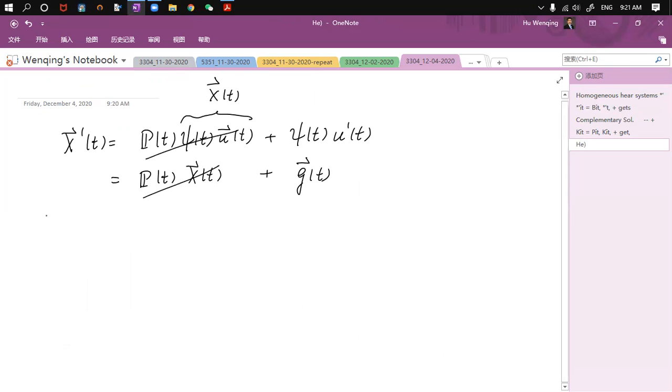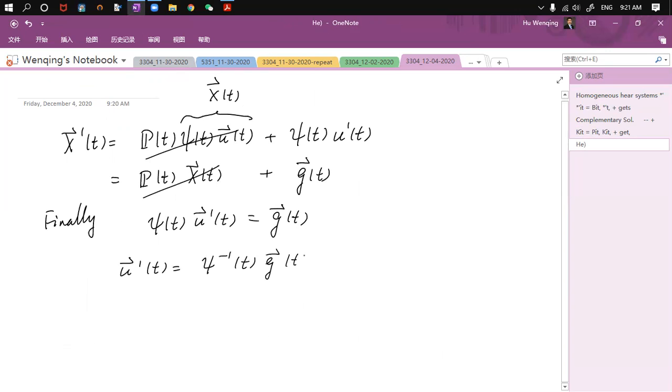So finally, what you get is that psi(t) u prime of t is equal to g of t. That's going to say that u prime of t is equal to psi inverse of t multiplied by g of t. Is that good, family? Okay, so that tells you that u prime is solved.